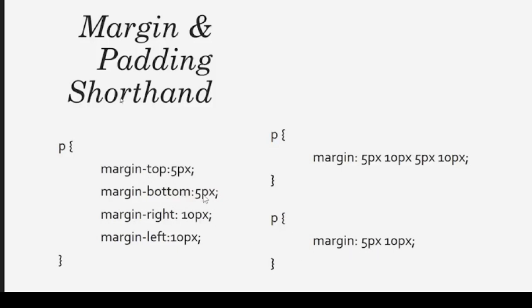So this 5 pixels represents margin top and margin bottom. Then the next is margin right and margin left. Hope you understand what I'm saying. If margin right and margin left have the same values, you can just put it directly instead of placing it in this way.